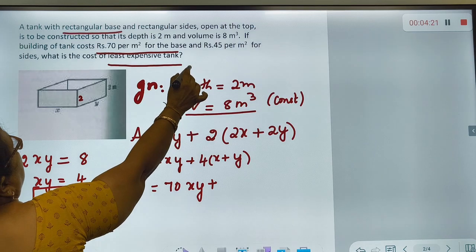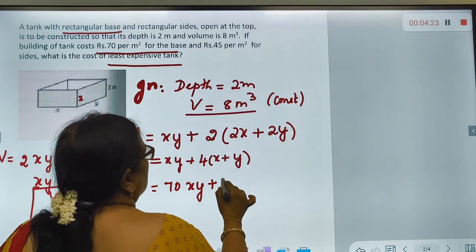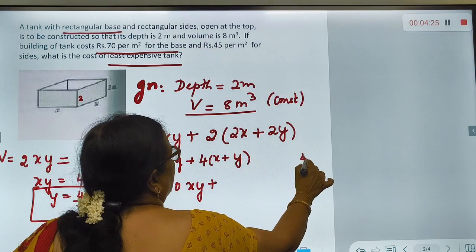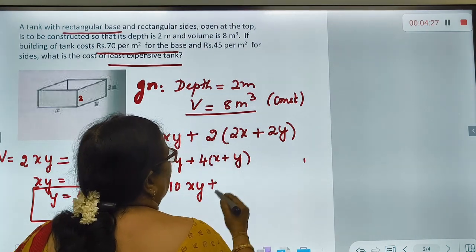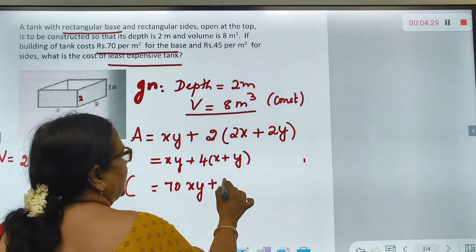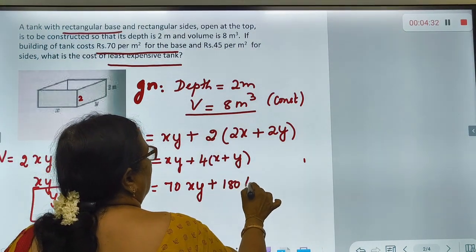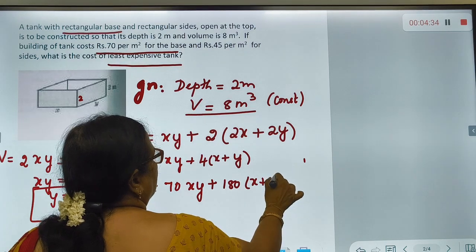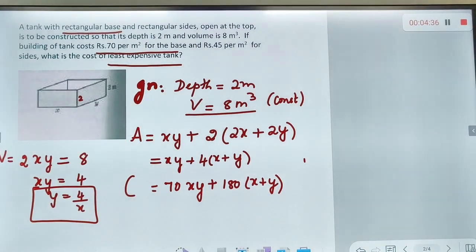What is the cost for the sides? Rupees 45 per meter square. So 4 into 45 will be 180. So 180 into x plus y. This is the cost function and we have to minimize the cost.